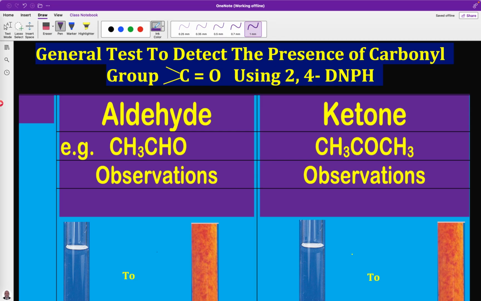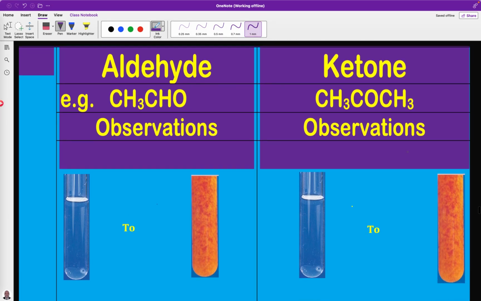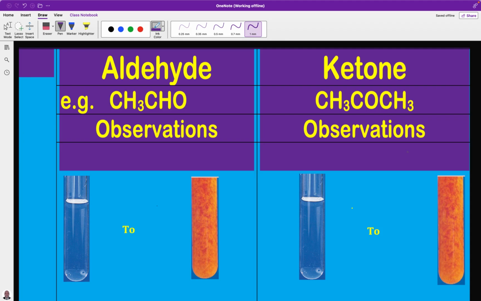There are two test tubes here. One test tube containing aldehyde, in that case ethanol, and the other test tube is containing a ketone, that is acetone.